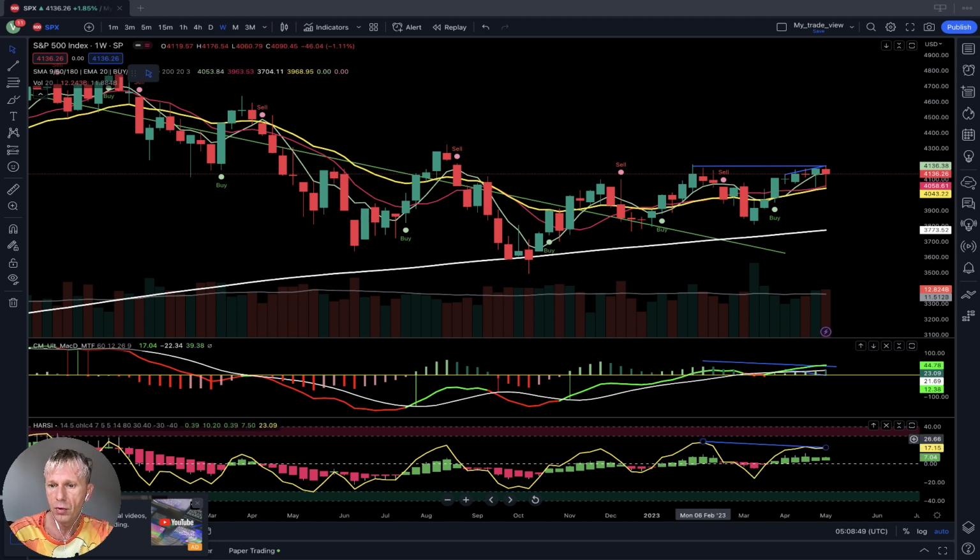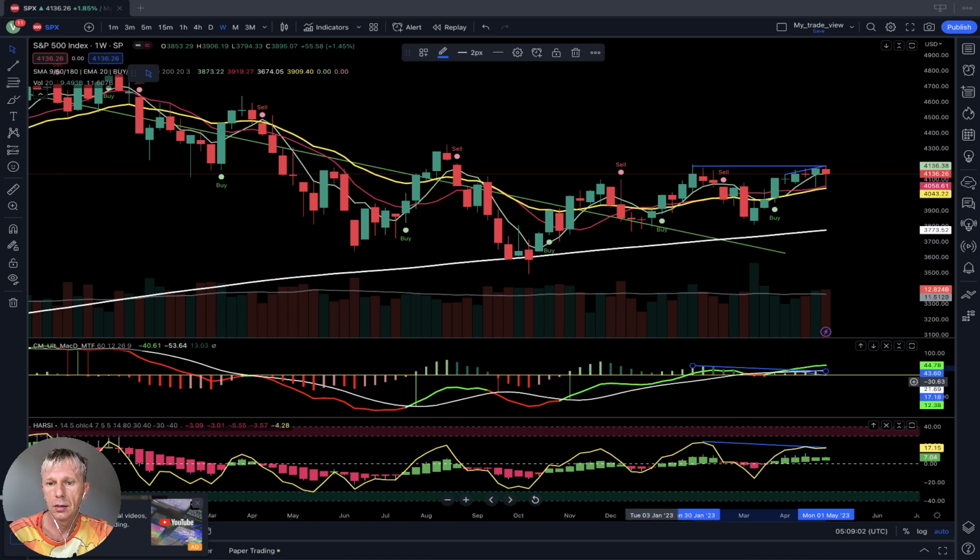Some bearish divergences on Heikin-Ashi, on the MACD histogram, on the MACD, and on RSI, multiple bearish divergences. Trend is bullish on the weekly time frame for the S&P 500.